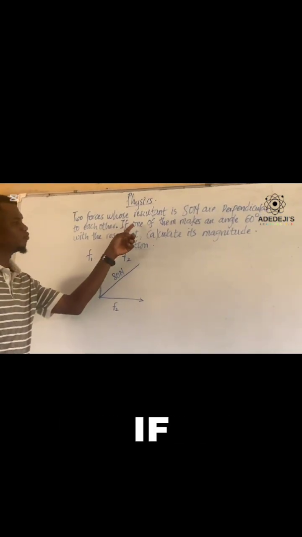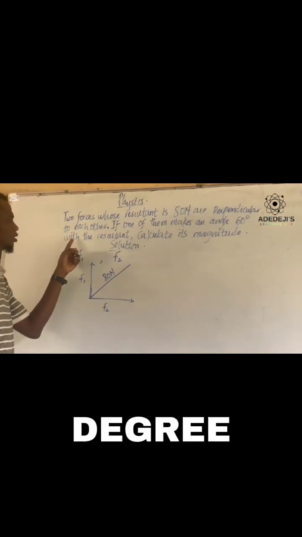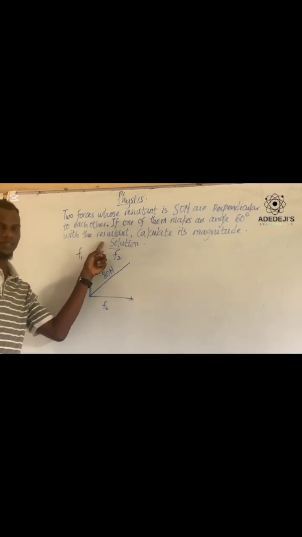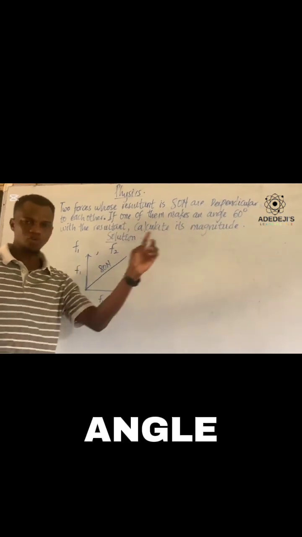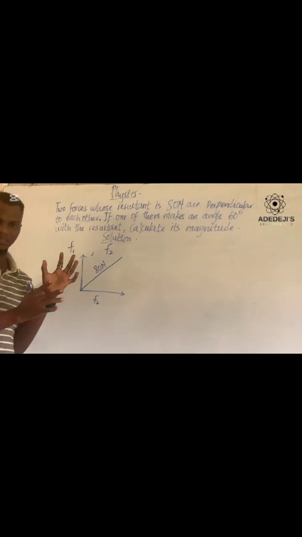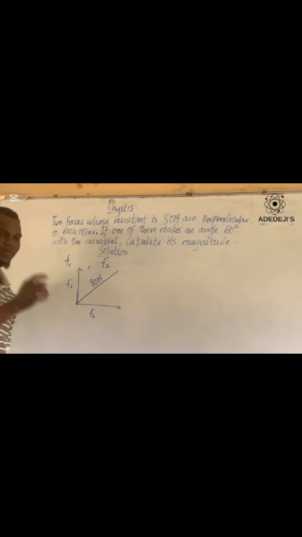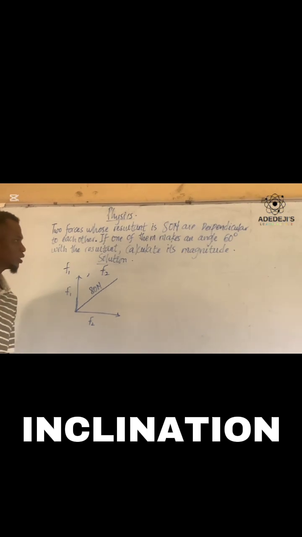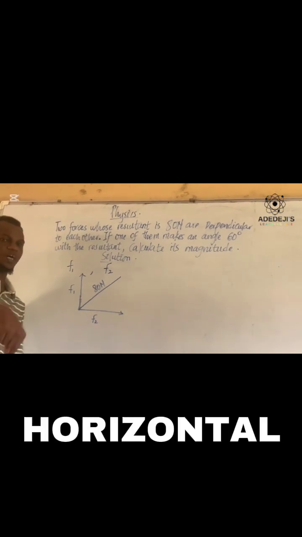Again, they said if one of them makes an angle 60 degrees with the resultant, let me let you know that the angle of inclination for any force, especially if they are perpendicular, is always between the resultant and the horizontal force.